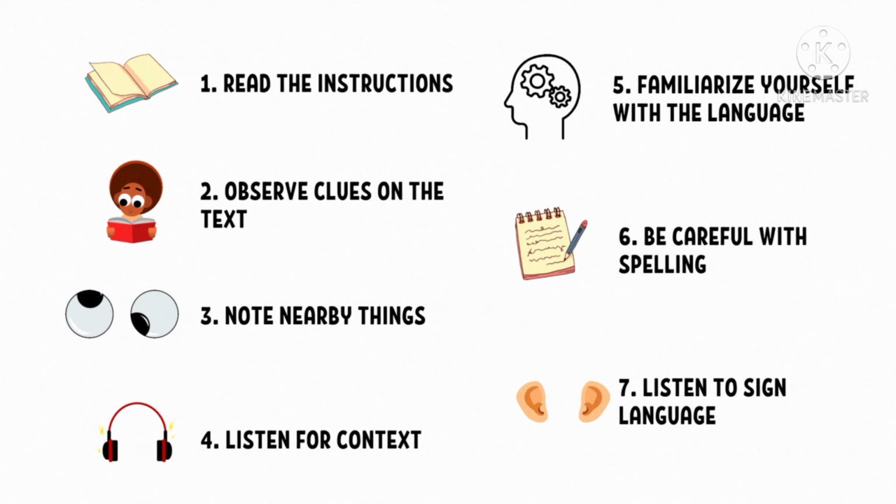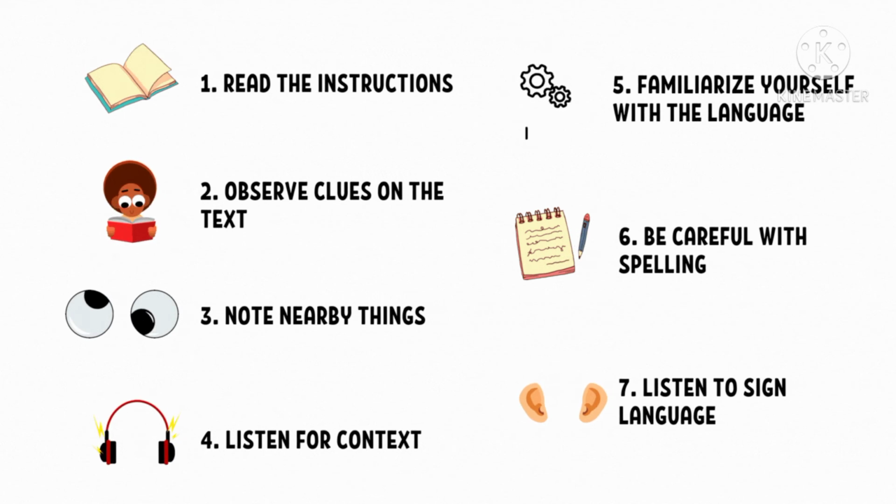Number 5, familiarize yourself with the language. This means that students associate the language with things that are easy to remember in their daily life. Number 6, be careful with spelling.